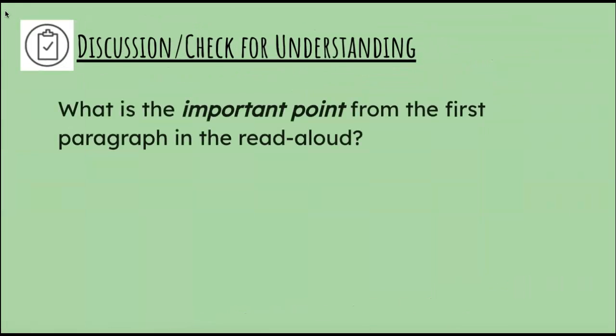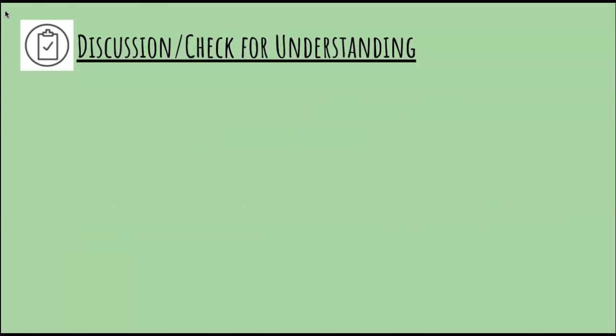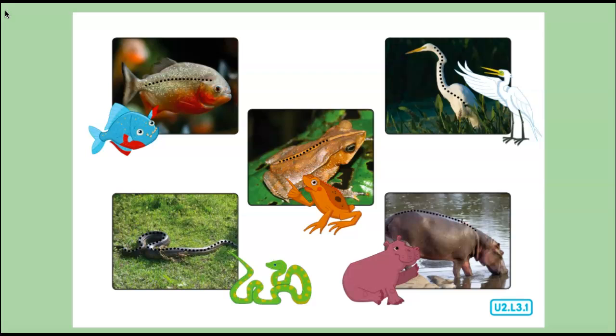But first, let's talk about what is the important point. What is the main idea from the first paragraph that I just read to you? If you said that vertebrates have backbones and invertebrates do not, you are correct. Now let's go back to the picture.